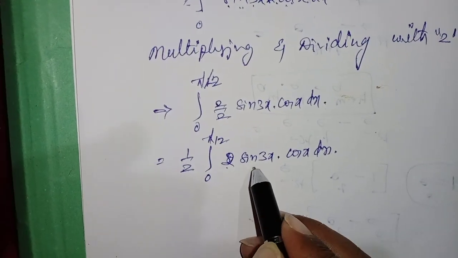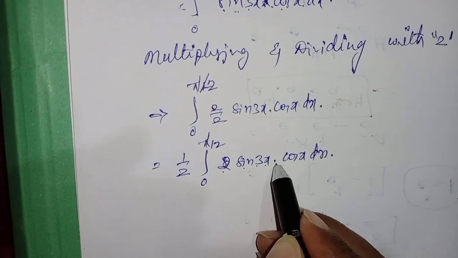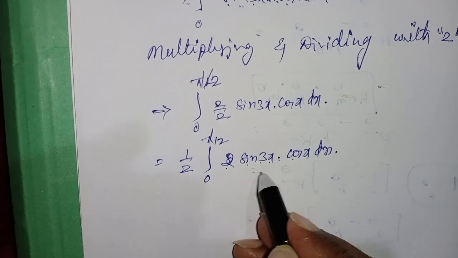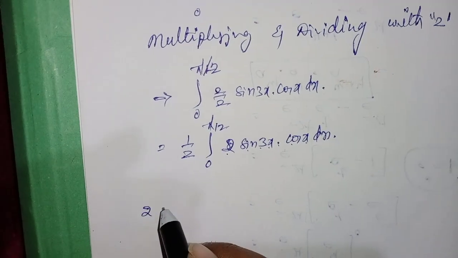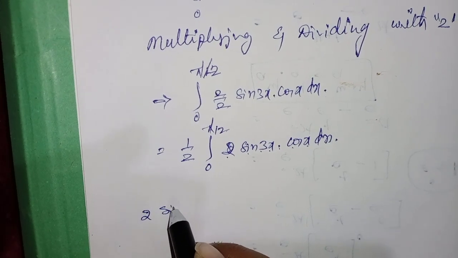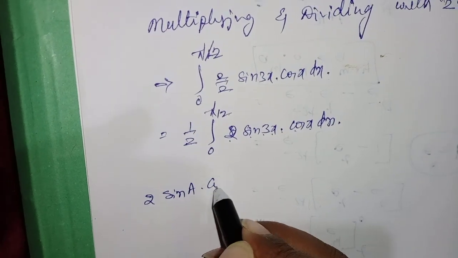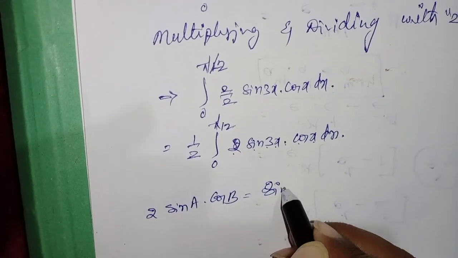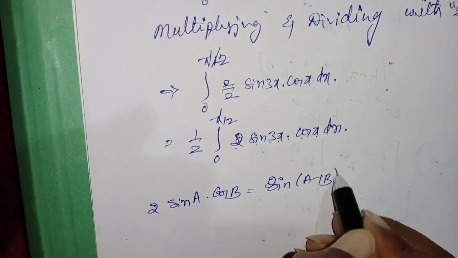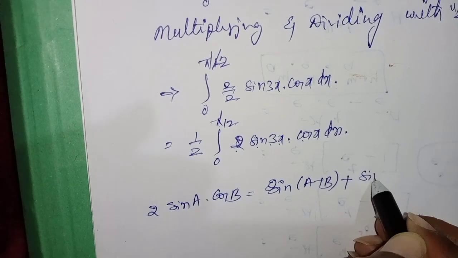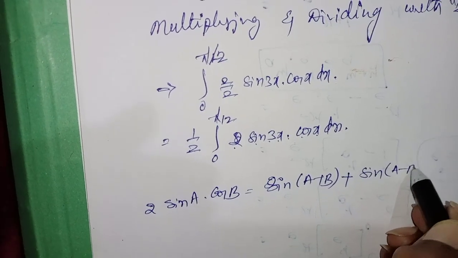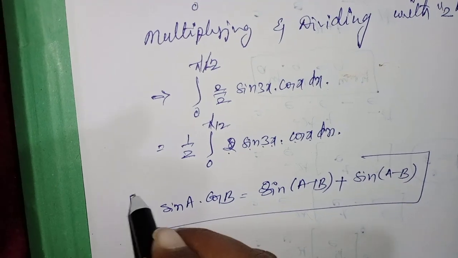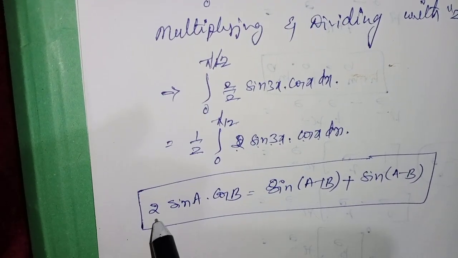Observe here, this is 2 into sine 3x into cos x. Here we have to apply the formula: 2 sine A into cos B is equal to sine of A plus B plus sine of A minus B. Now compare these two.